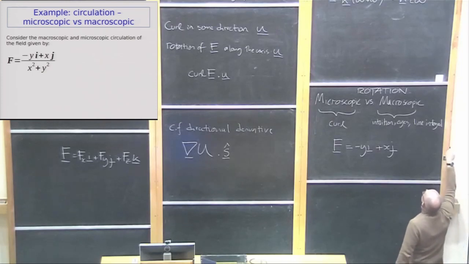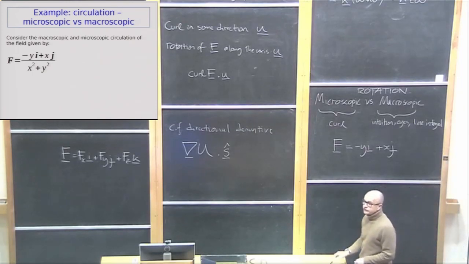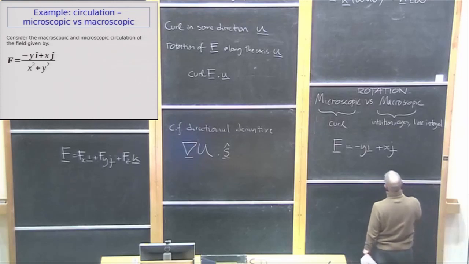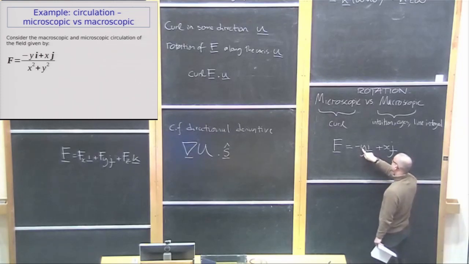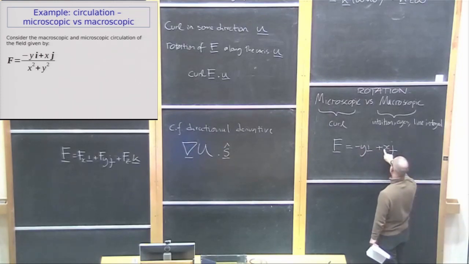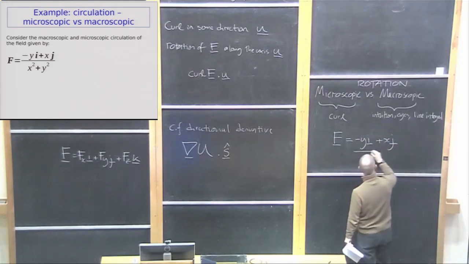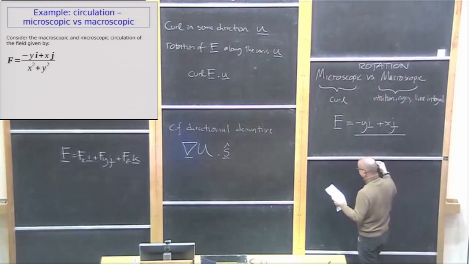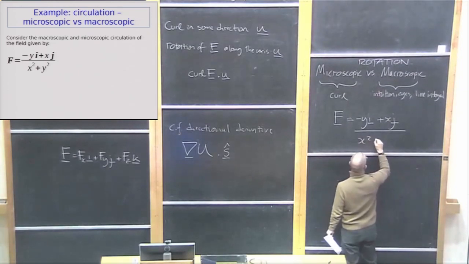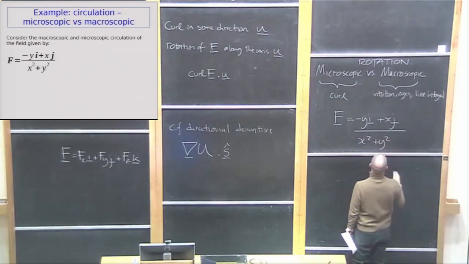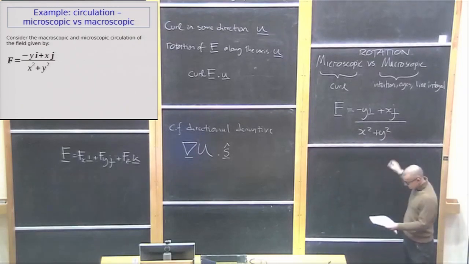So this is just a scaled version of solid body rotation. And again, you recognize immediately that we've got a minus y in front of the i and a plus x in front of the j, so that's a rotating field. That's great, we know that field is rotating, and it's divided by x squared plus y squared.